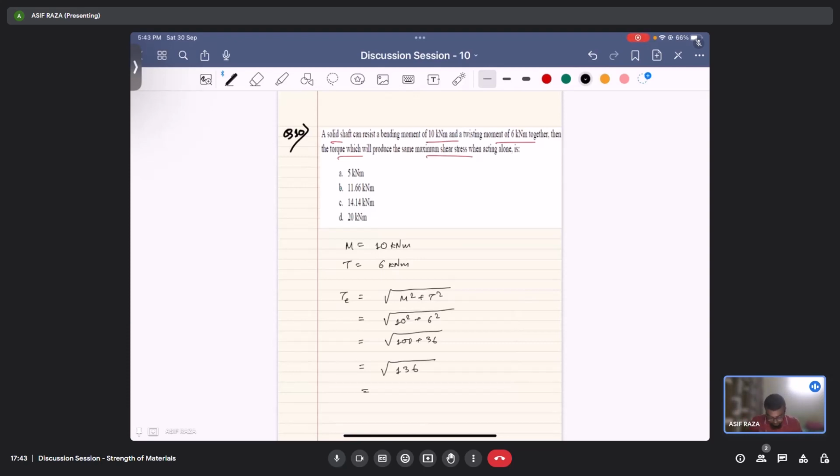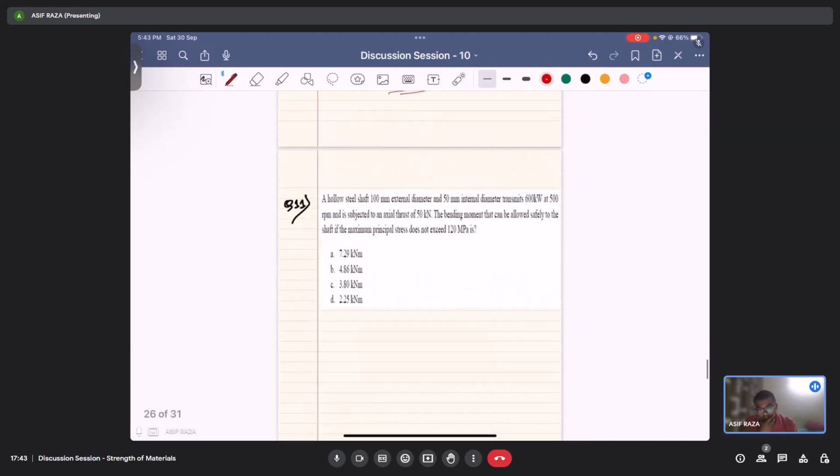Let's confirm what would be the exact value. The square root of 136 comes out to be 11.66 kilonewton meter. The correct answer is option B, 11.6 kilonewton meter. Moving on to the next question.